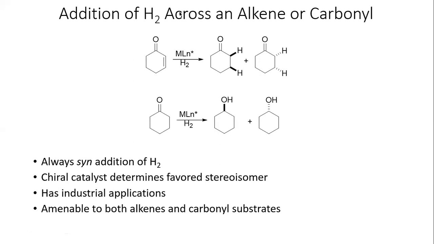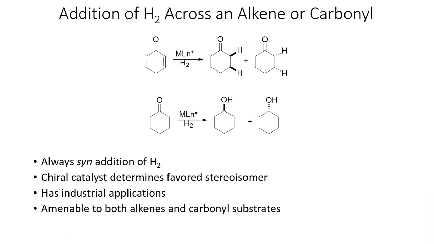When you think about alkenes in particular, they are planar. So you're going to have that facial selectivity where either something's going to add to the front face or back face or top face or bottom face, whatever the transition state dictates. So it's the catalyst that determines the favored stereoisomer. We talked about this when we talked about asymmetric catalysis, right?